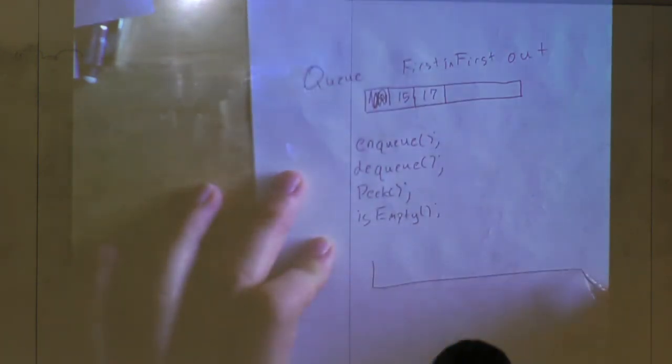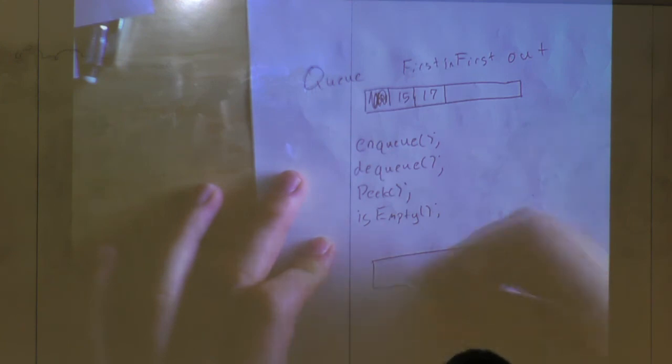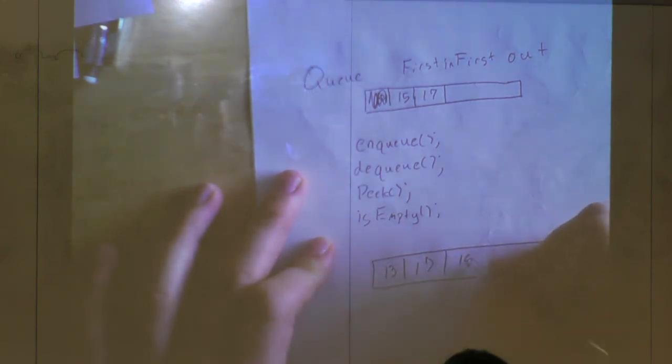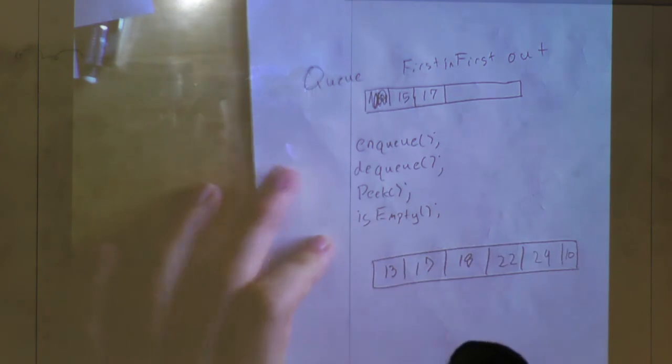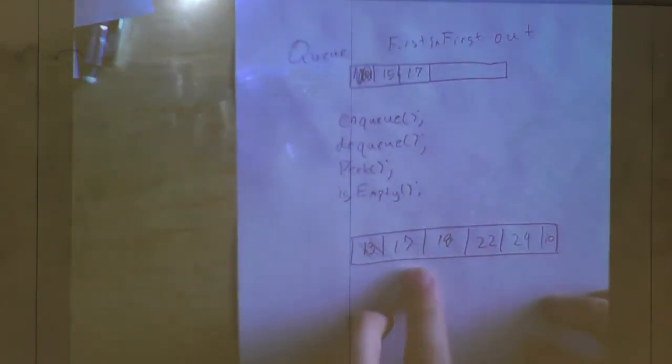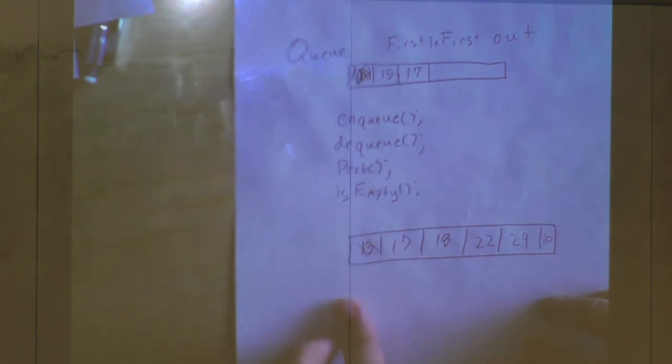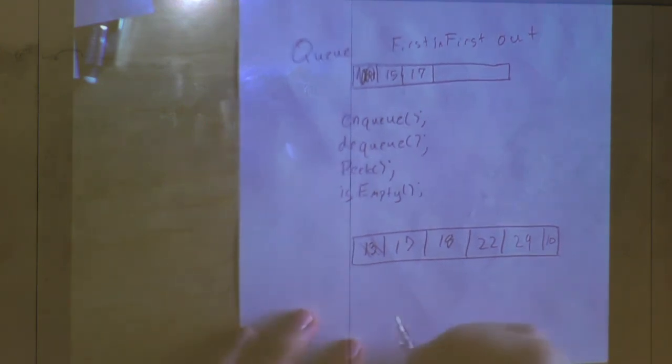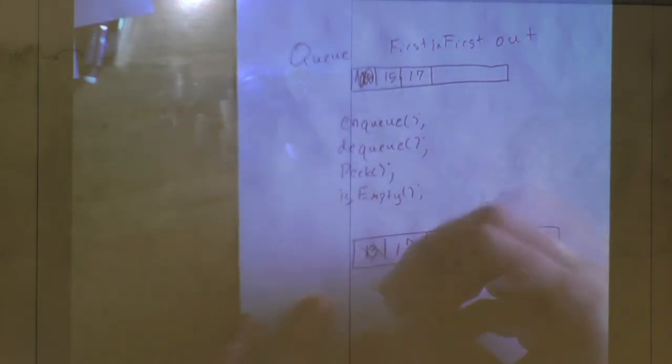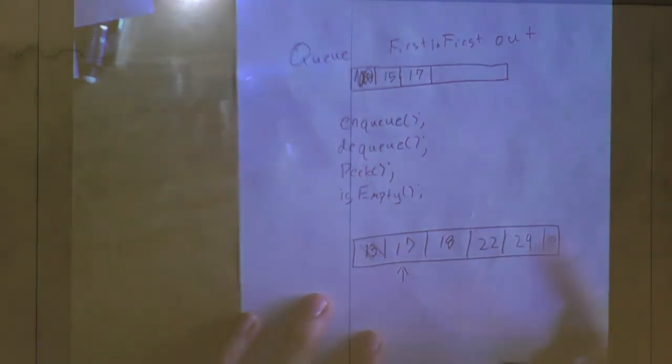Because if you have these elements in your queue, when you remove 13, you would need to shift all of these over 1 to get them at the beginning, unless instead you keep track of the head of your queue by just moving it over.